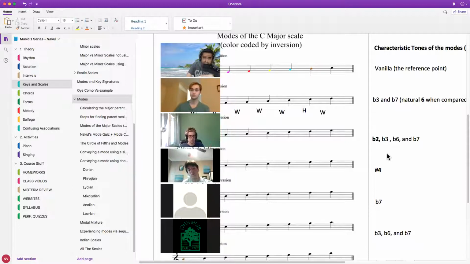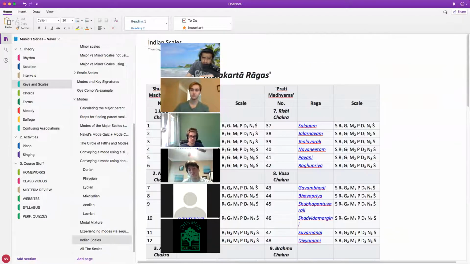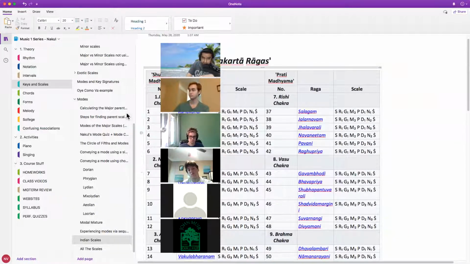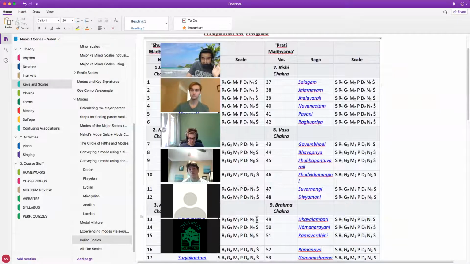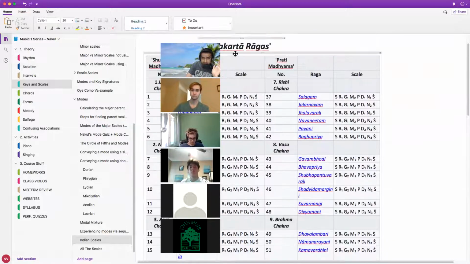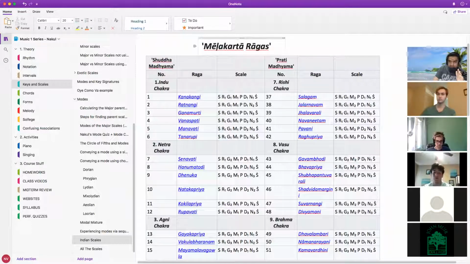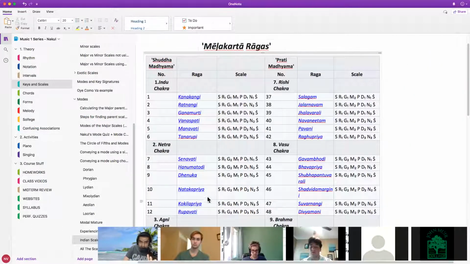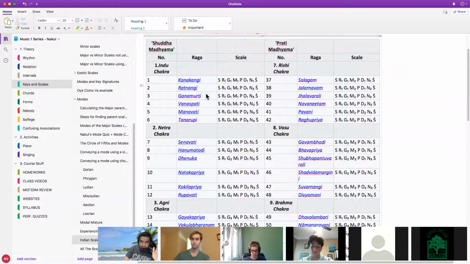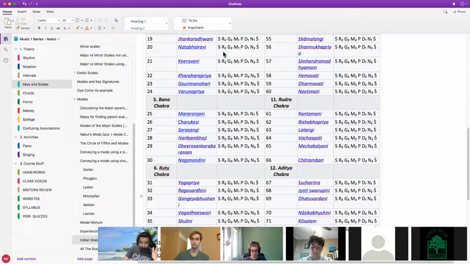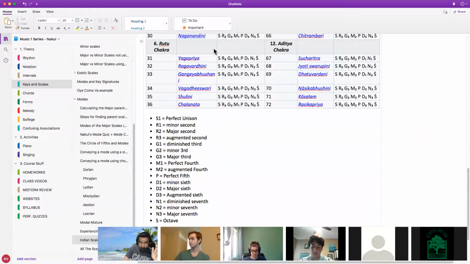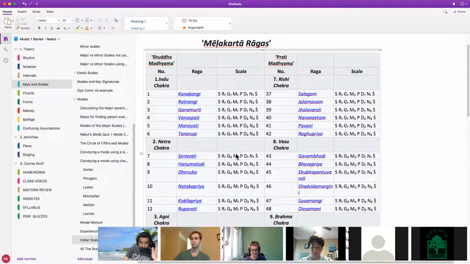I do have other things to say about the importance of the Lydian mode. When you look at Indian scales, we'll talk about this next class, there's an entire classification that basically segregates scales according to whether they're Lydian or not Lydian, whether they have the sharp 4 scale degree or whether they don't. In other words, all of the scales on the left hand column have the regular 4th scale degree.